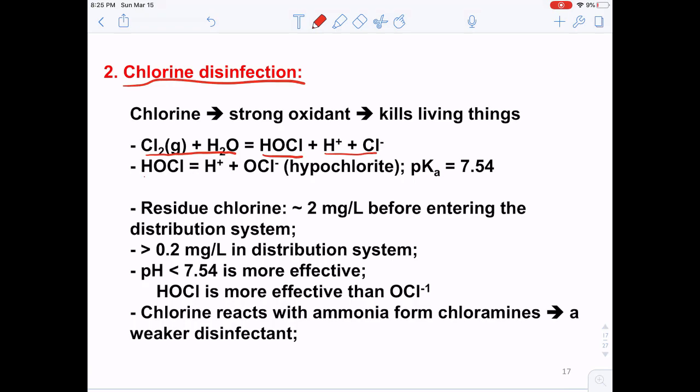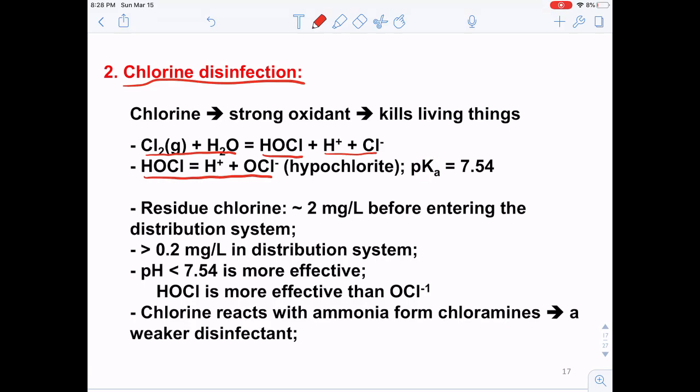And of course the hypochlorous acid can further get dissociated into hydrogen and hypochlorite, and it has a dissociation or equilibrium constant of 7.54.